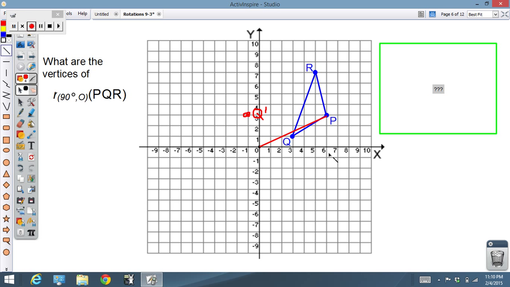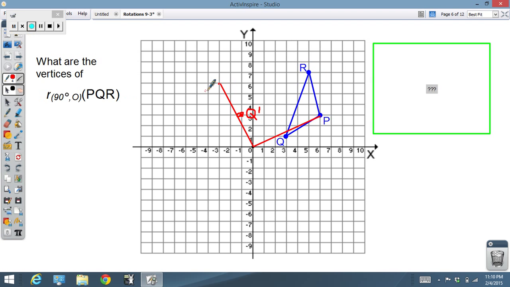So I know I'll have the same size hypotenuse if I draw another line that has a side of 6 and another side of 3. This one has to be perpendicular to that one, so I go over 3 and up 6. And there's my line that shows me where I'm going to get P prime.